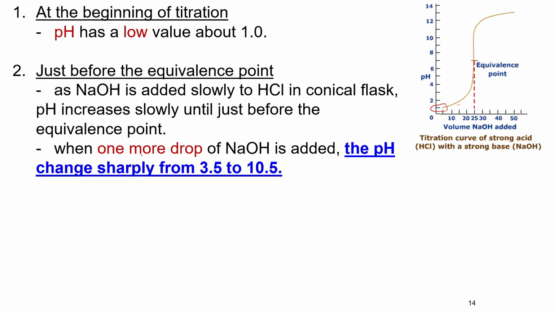So after we add 1 drop of NaOH, pH will change sharply from 3.5 until 10.5. Okay, so yang ni yang saya cakap tadi.